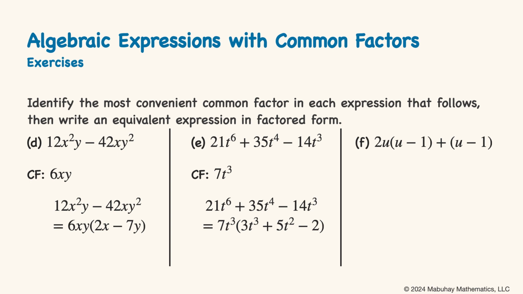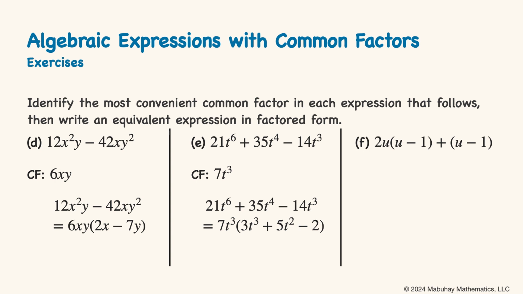Okay, last one. This one is a little trickier, and so I wanted to try to be a little helpful and put this thing, u minus 1, in parentheses, even when we don't need the parentheses. And the reason is because we want to train ourselves to identify u minus 1 in this case as a common factor.